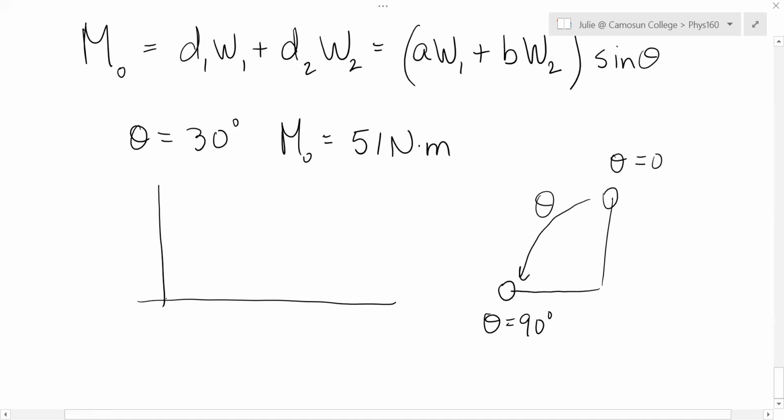If you graph that, you go from 0, it's a sine function, it goes up like that. This is 90 degrees. That's a huge torque. I mean, it's pretty hard to hold that there. And so, like I say, I don't know what exercise anyone would be doing lying on their back, holding that there. But anyway, this is the torque. Okay, so that's a good example.